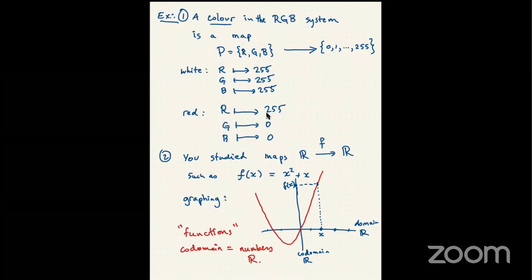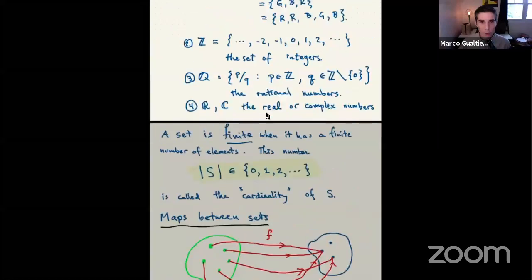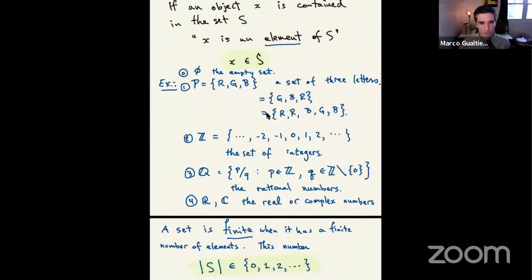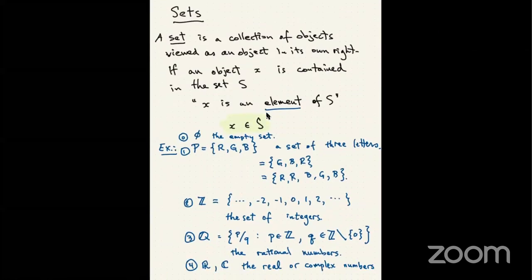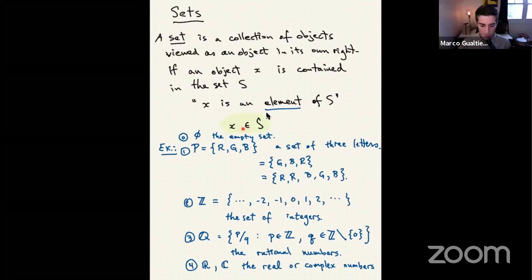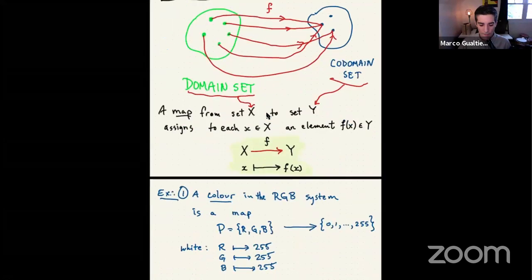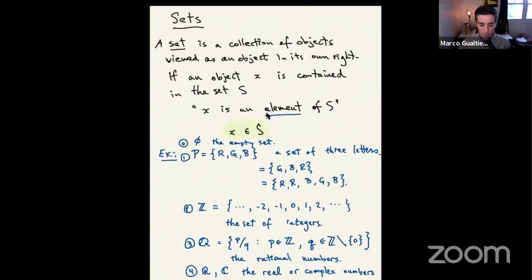I was asking what the flipped E, or the inverted E, means. Did you watch the first lecture? Yes, I did. It was explained there. This is the symbol that means x is an element of S. x is an element of the set S. Right?